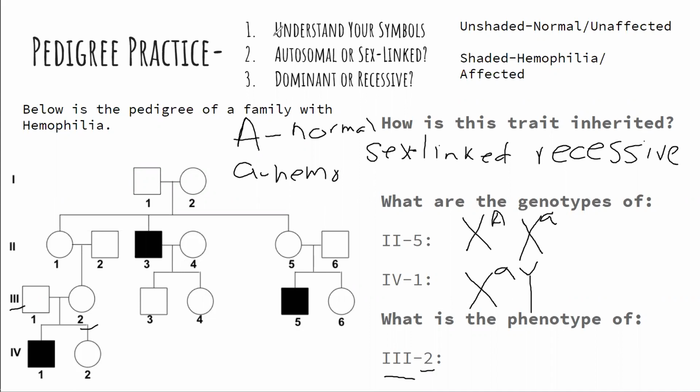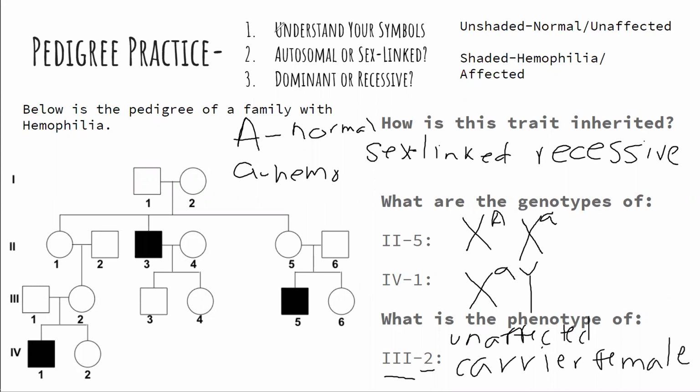It's unshaded, but look at this. Her child is affected. So she must be a what? A carrier. So she is an unaffected carrier female. That is her phenotype.